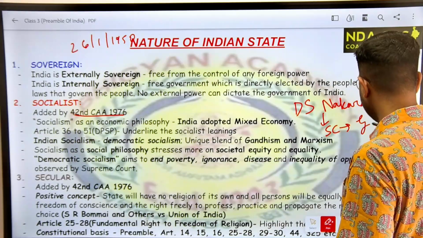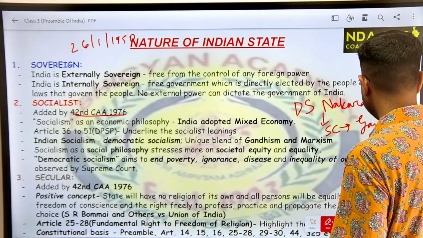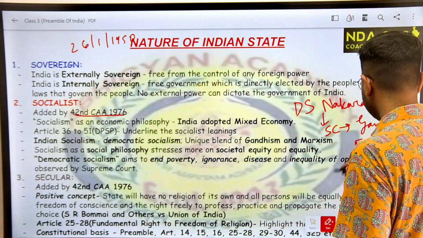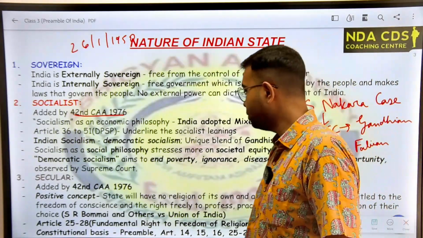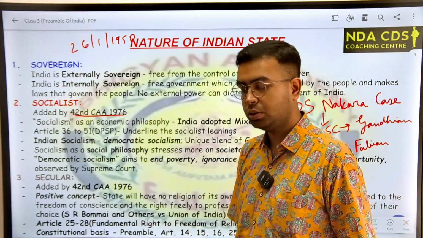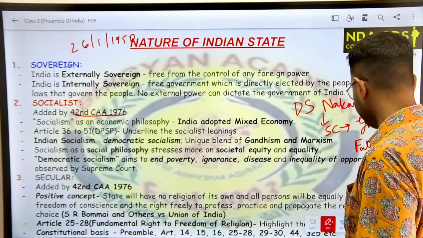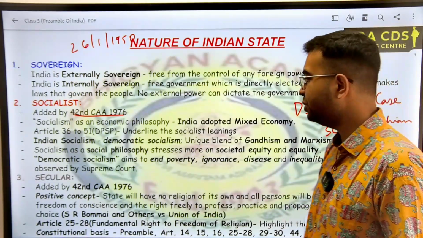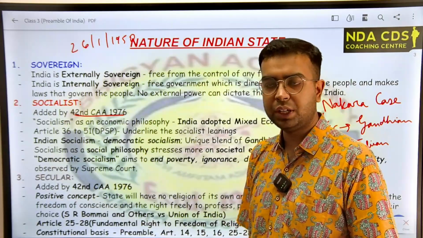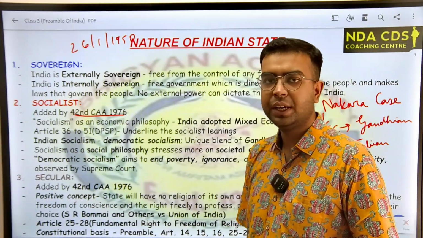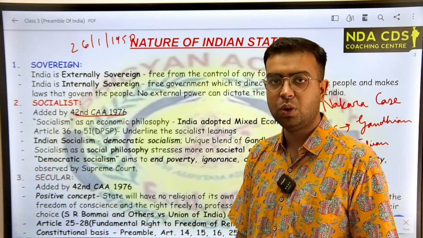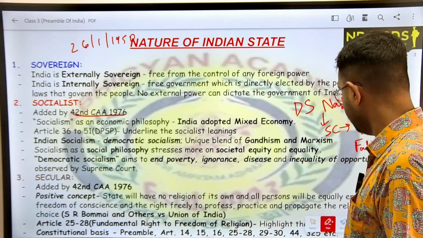We follow Gandhian socialism and Fabian socialism, which basically means that we like to bridge the gap between the rich and the poor. And why is this done? This is done to raise the quality of living so that people come out of poverty, and people get access to basic needs like health, education, housing, water, food, and so on.